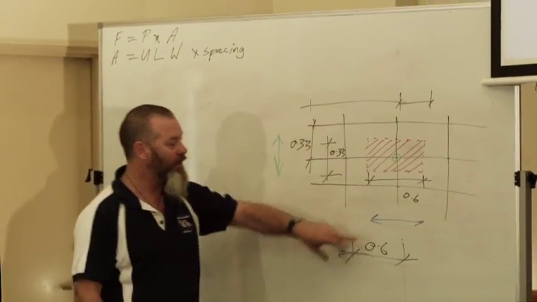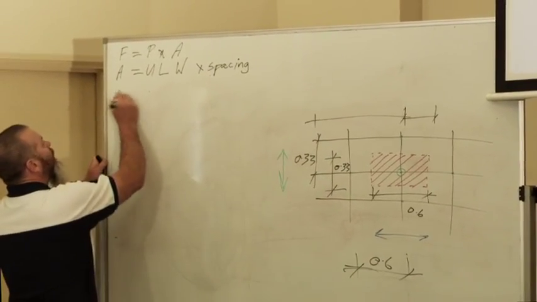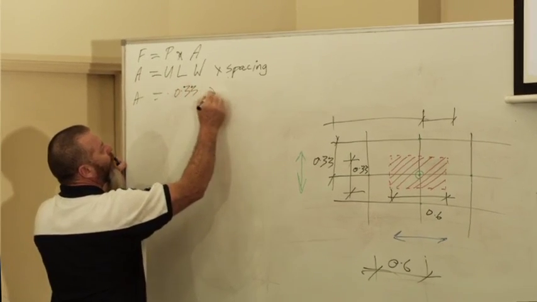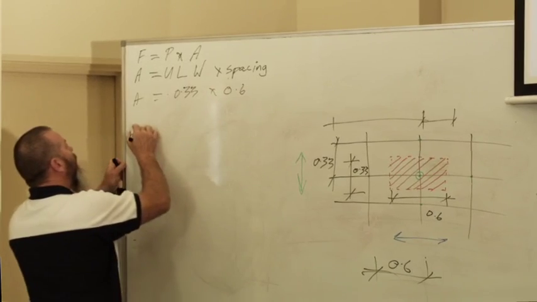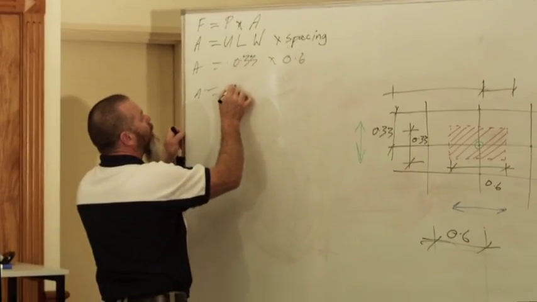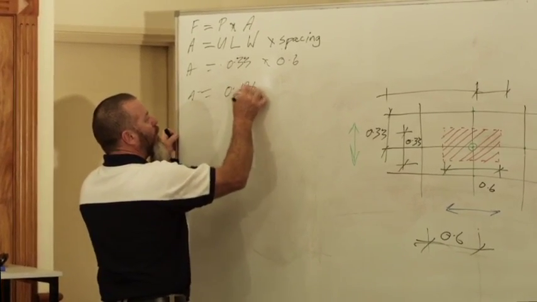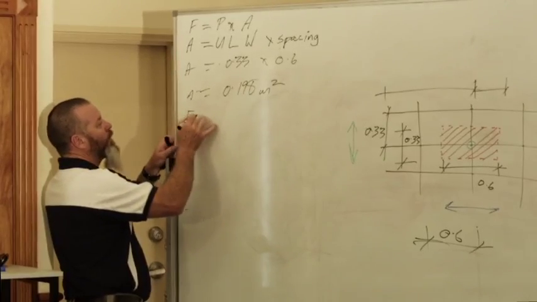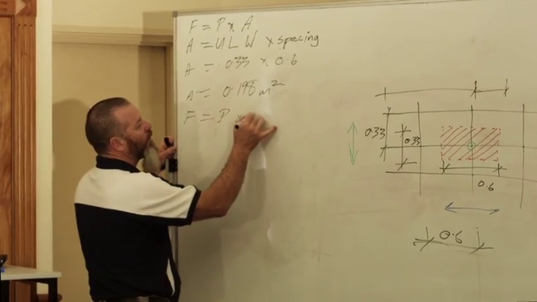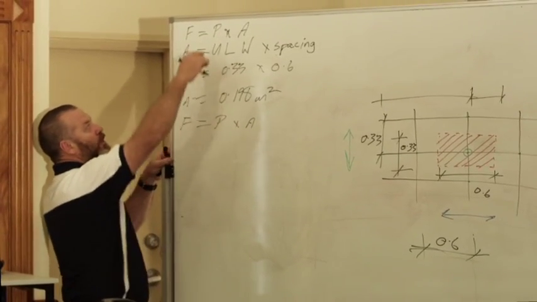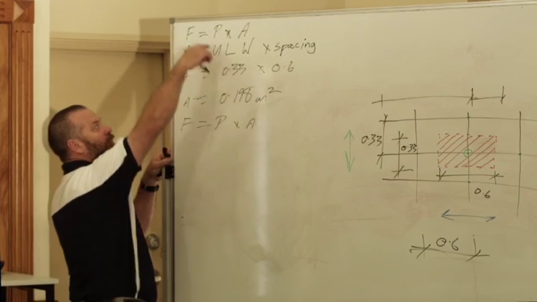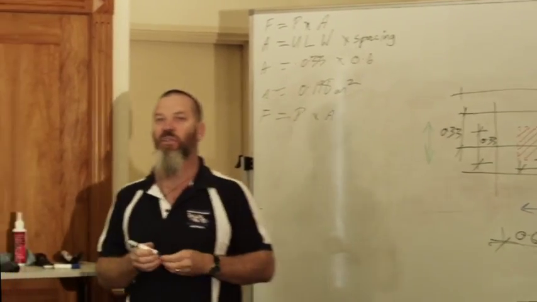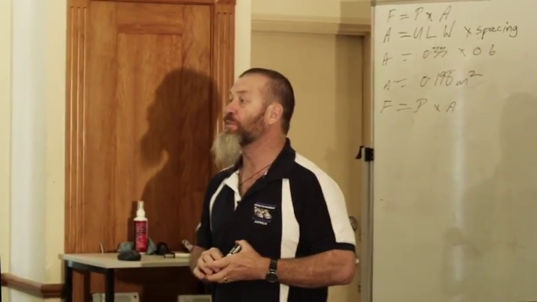330 is my ULW, and 600 is my spacing. Just trust me on this. I've done this that many times, it's not funny. So this is how this formula works out. Now that I've determined what the area is, I've got to go back to the actual calculation. N2 tiled roof. Can you tell me which table I'd go to get my pressure from, please?